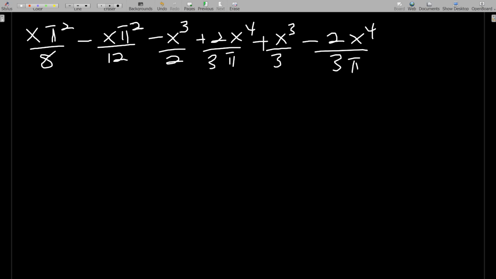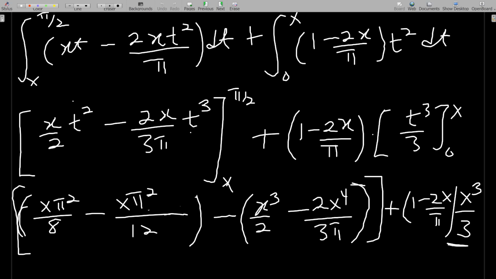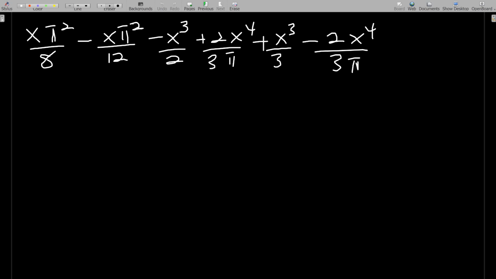Now I've expanded everything. And I realize that the last two terms were as a result of this. I just multiply x cubed over 3 through this. The first term is 1, so 1 times 1 over 3 x cubed, or x cubed over 3. And multiplying the second one, I have minus 2x to the power 4 over 3 pi. So I have plus of this, minus of this, so they go.